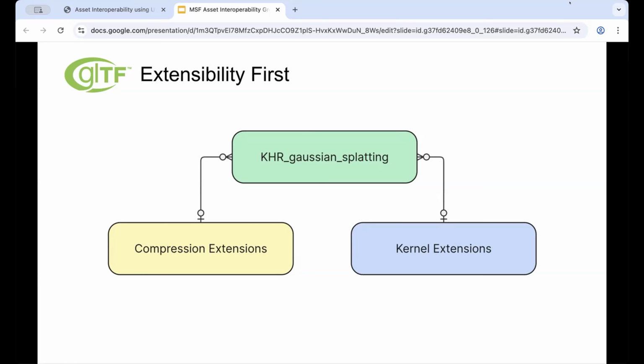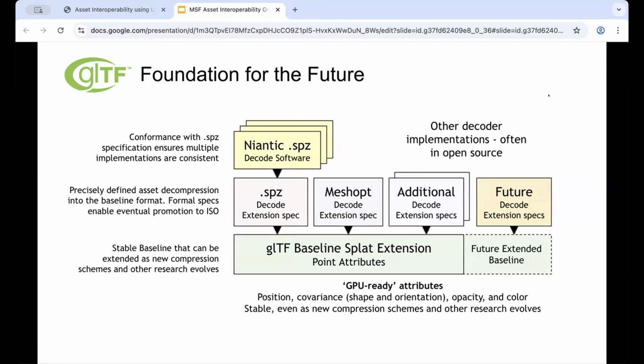Our hope is that by making these extensions, we limit fragmentation and have a kind of strictness to it, where if folks are moving in a certain direction, somebody will open an extension, and then we'll be able to well define those kernels. Next slide. Again, this is all about providing a foundation for the future.